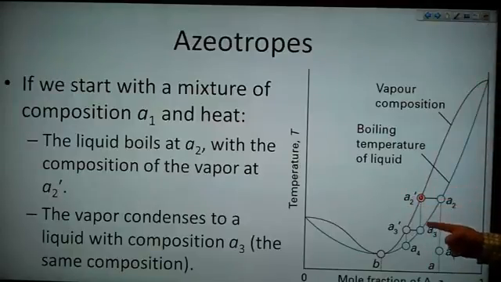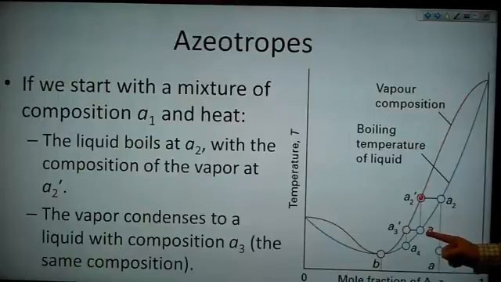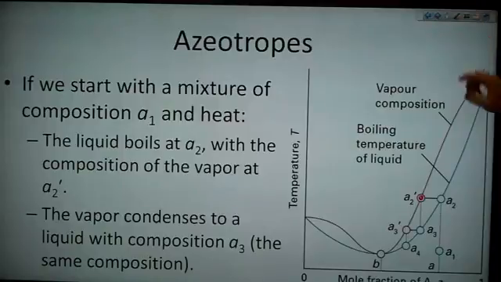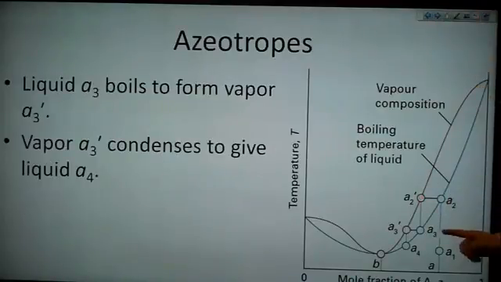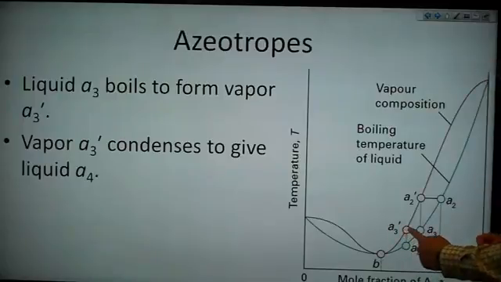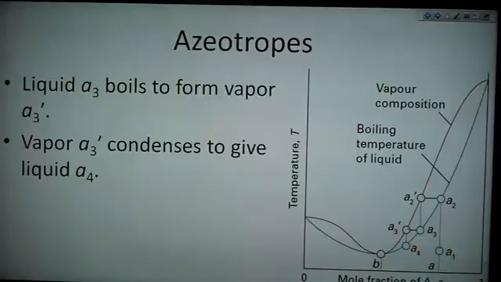If we condense this vapor back to a liquid, it'll be back at point A3. Note that that's the same composition as we have here at A2 prime. That will then boil to give us a vapor at A3 prime. That then condenses to give us a liquid at A4, and we continue doing this over and over again.